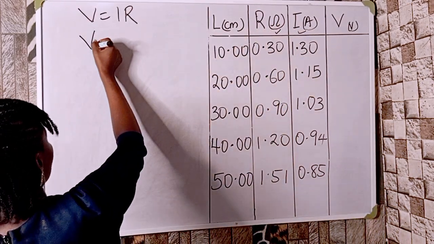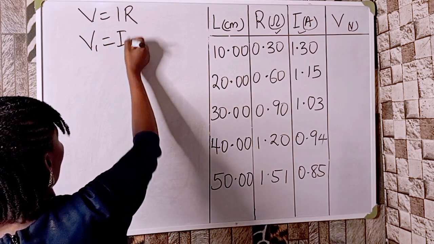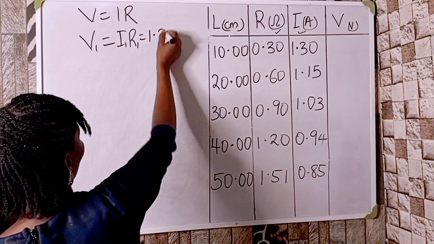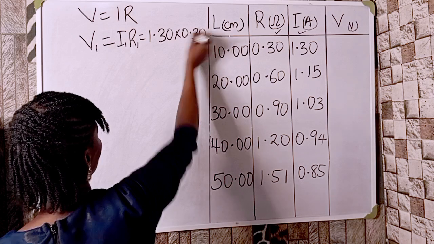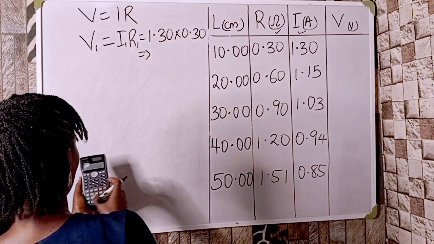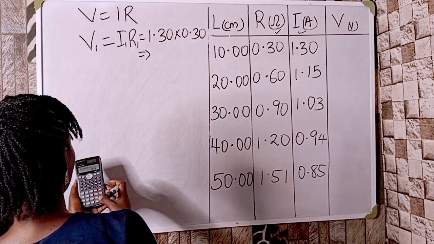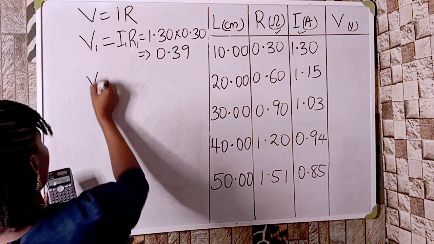So V1 is equal to I1 R1. That is 1.30 times 0.30. I have 0.39.